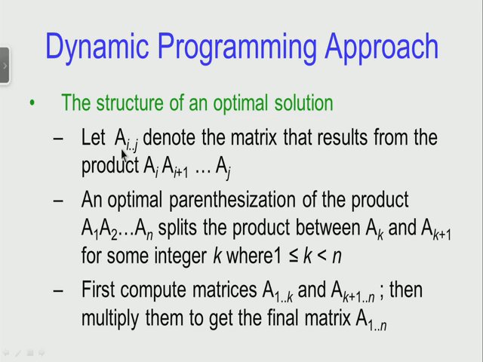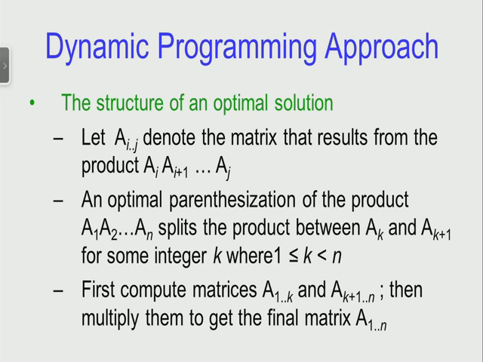For this, we need some simple notation. We use the notation A subscripted by i to j to denote the matrix which is the result of the product Ai, Ai plus 1 and so on up to Aj. Let us now observe that in an optimal parenthesization, which we do not know, which is what our algorithm is trying to compute, let k be the index where the product A1, A2 to An is split.